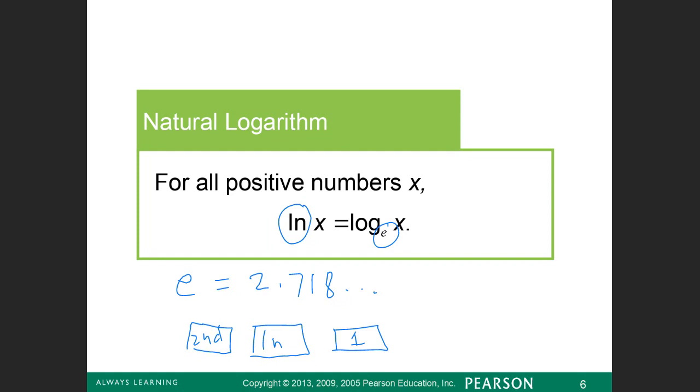It gives you 2.718. Another way to access e is that some calculators have a second function of the division sign, and then you can access the value for e right away. So that's the second function of the division sign.